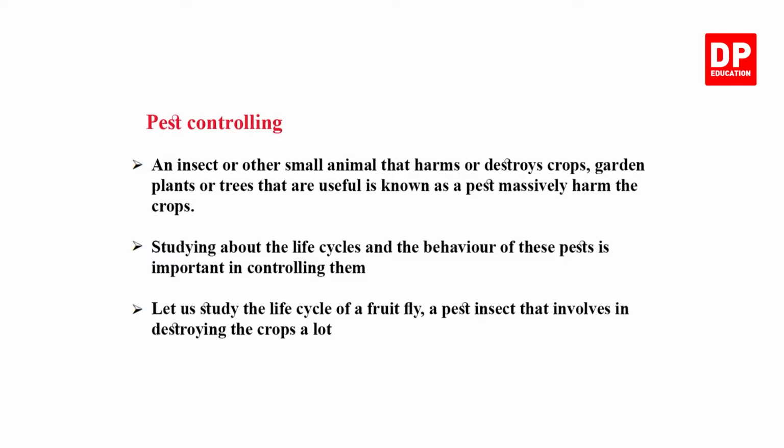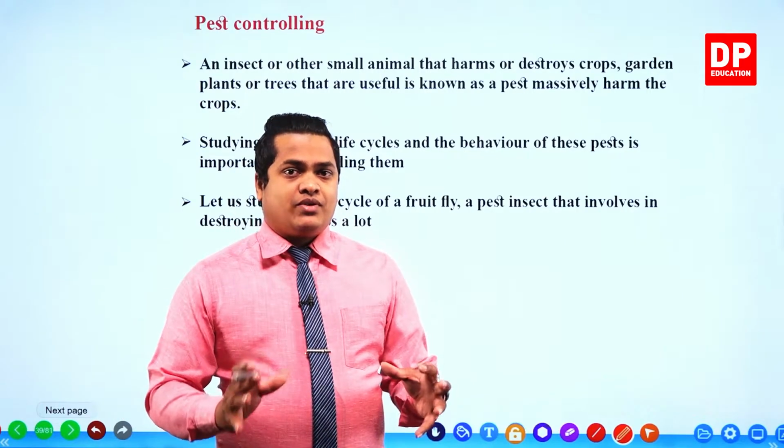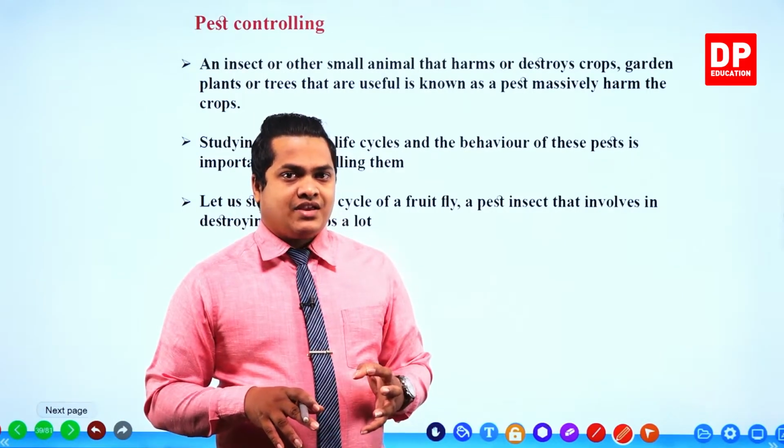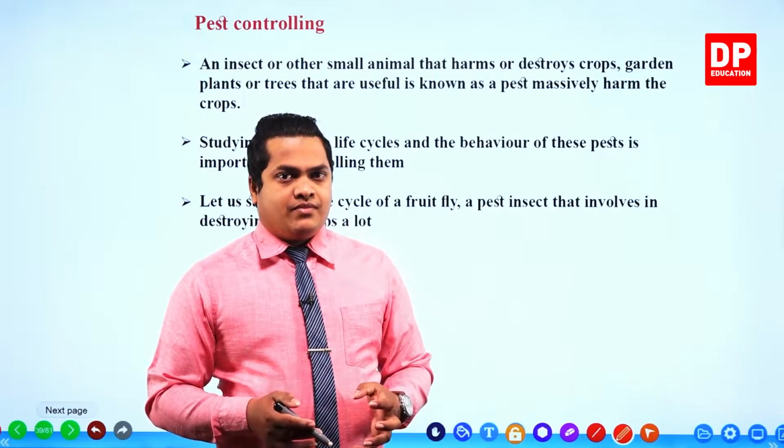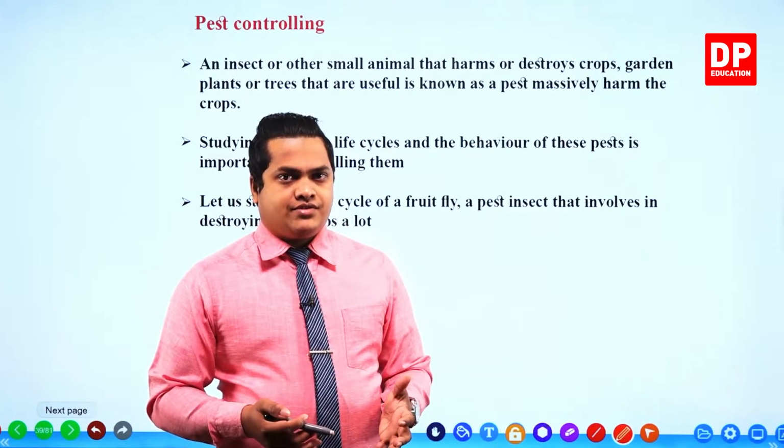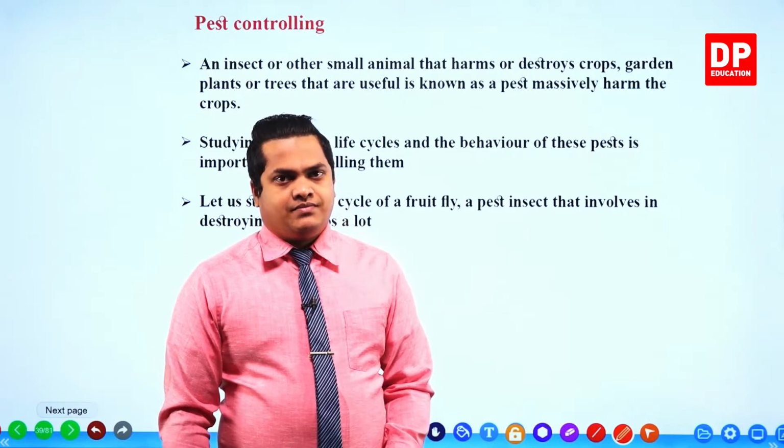So pest means, in simple terms, an organism or an animal that is going to harm our agriculture, our plantation.